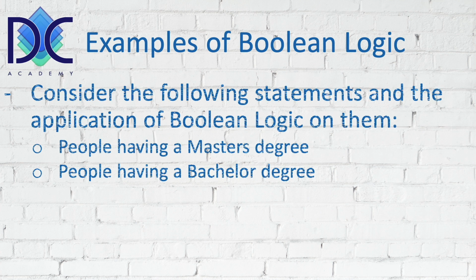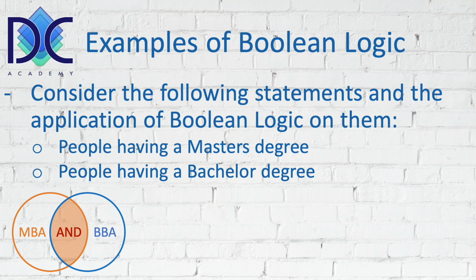Let's have a look at an example of Boolean logic. We have two statements here. We look at people having a master's degree and people having a bachelor's degree. Here we look at people who have an MBA, which I put here as a master's degree, and a BBA.